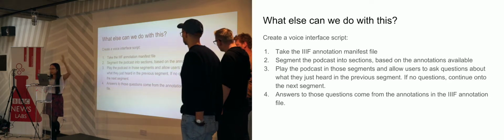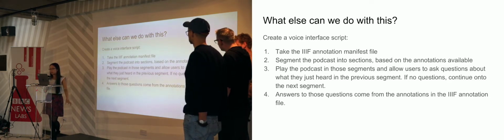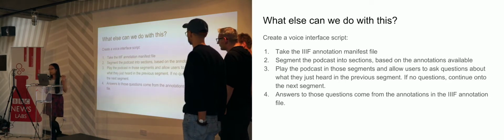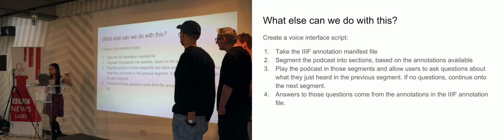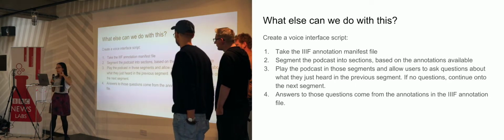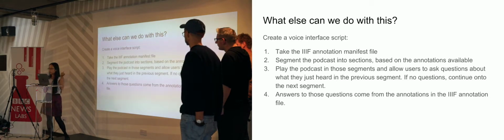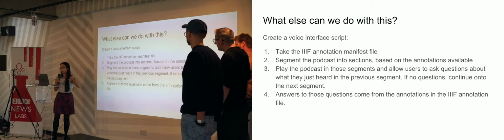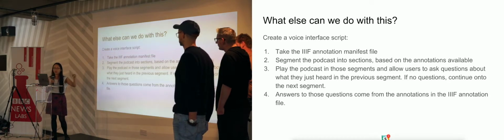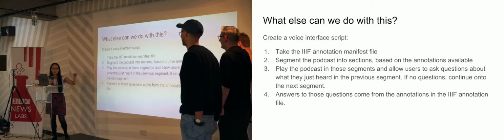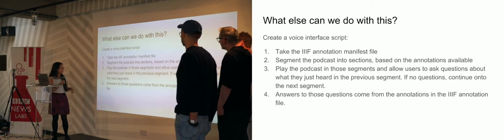So if you read a very, very large amount of text or have a really long audio file, if you want to interrupt it in the middle, there isn't really a good way of then going back to where you stopped. But if you segment it by annotations, you can give people an option of possibly asking questions, and then the answers to those questions would be the annotations that were there based on the who, what, where, why, when, how, reference, more things that we annotated earlier.